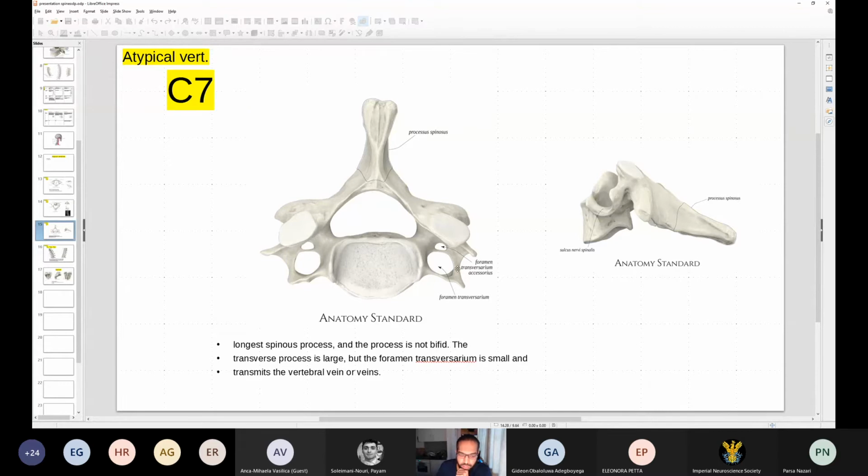So you have large transverse processes, but small transverse foramen, and it also doesn't transmit the vertebral artery, but transmits the vertebral veins. And on this side view or sagittal view, you can see the very long spinous process compared to the rest of the cervical vertebrae.